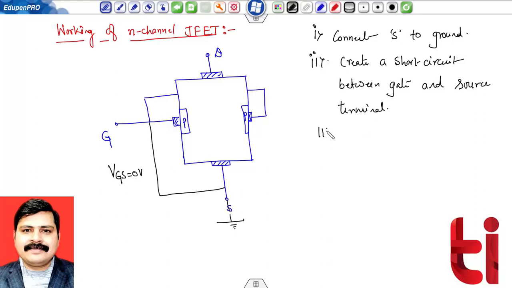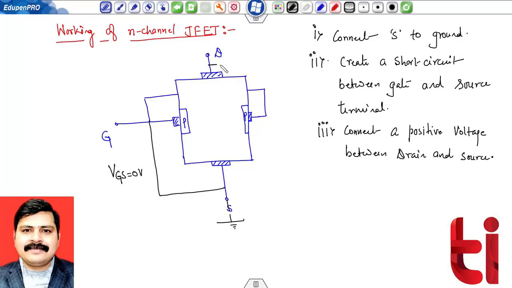Okay, and third is connect a positive voltage between drain and source.